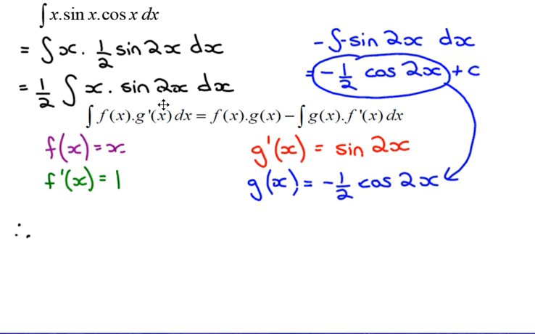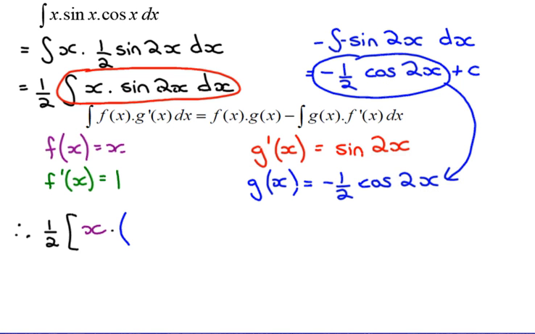Now don't forget that there's a half sitting outside your integration by parts, because the only thing you're doing with integration by parts is that. So my half still sits outside, and then I've got my f times g, which in this case will be x times by, and I'm going to put it in brackets because of the negative, negative a half cos 2x.